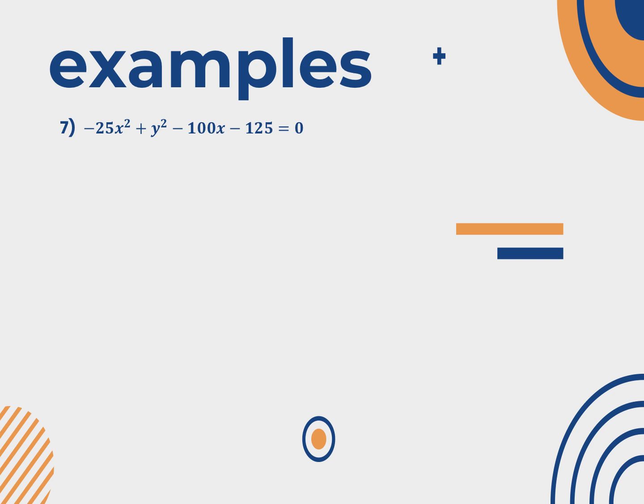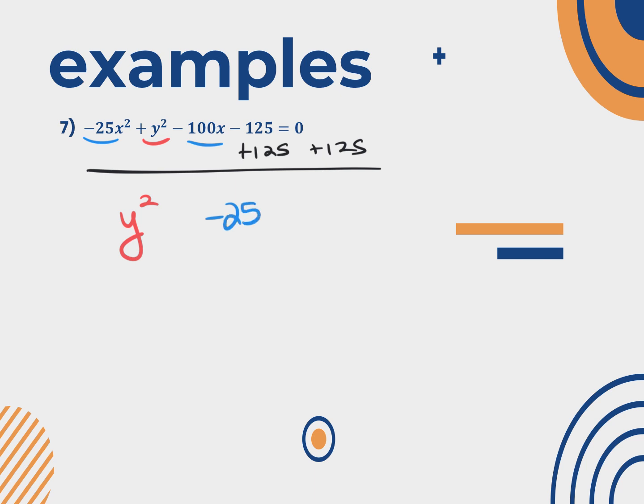So I'm going to go ahead and get my y squareds together. So I'll put the positive one first, and then I'll put the x's because that's got the negative 25. And then I'm also going to add this constant to the other side. So I'm going to put the y squared, leave a blank space, negative 25x squared minus 100x, leave a blank space, positive 125.